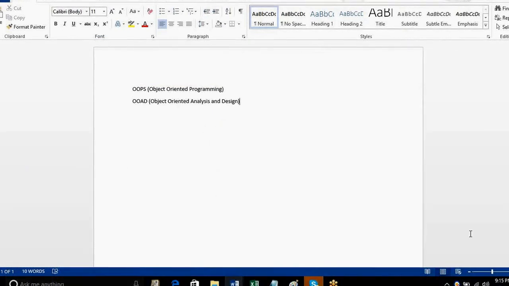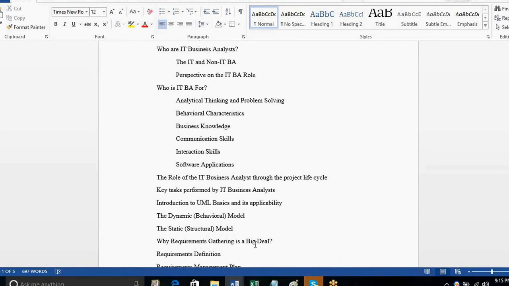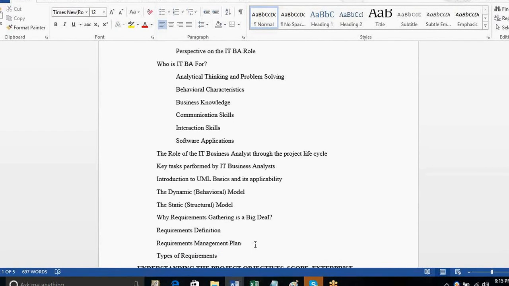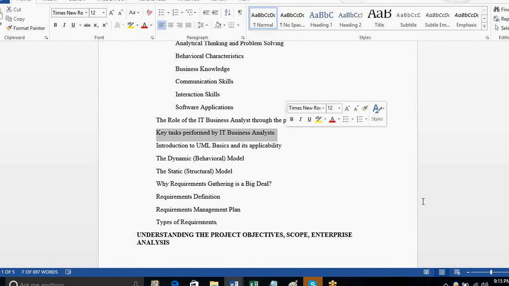Let's move forward. Back here from our curriculum standpoint, we're talking about the key tasks performed by IT business analysts.